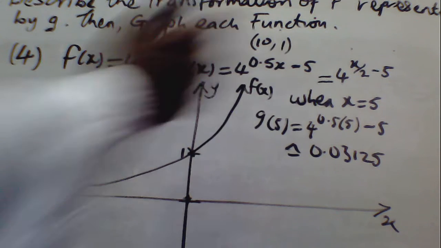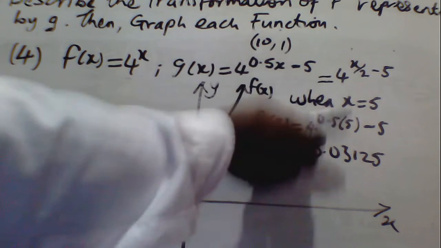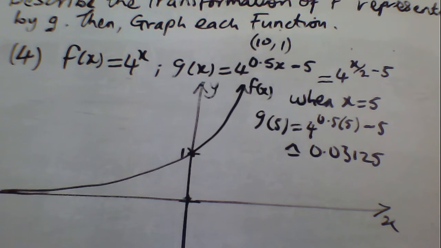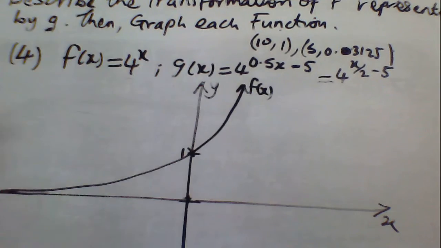So you must always look for a number that is greater than 10 so that you see a significant change in the curve. So let's plot this graph. When x is 5, y is 0.03125. So let's use these 2 points we got to graph the function.